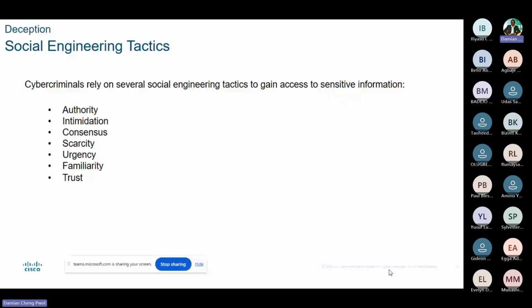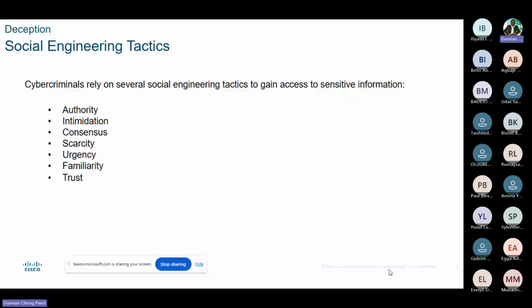So, like authority, you have somebody who is authorized and gives a directive, and based on that directive you feel that this is an authority giving a directive, and you obey. An attacker could take advantage of such a position of authority. He gives a directive and you go ahead and comply.